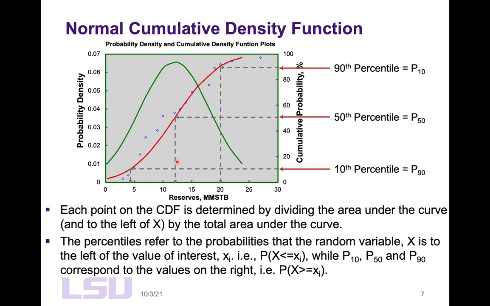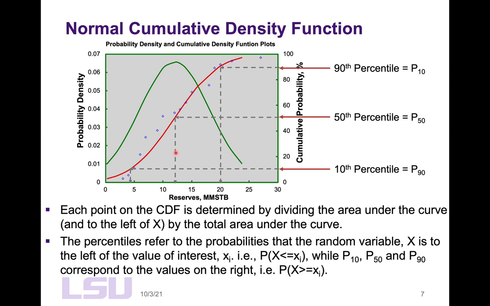It will be 50% because you're looking at the middle point on the CDF. I mean, we're looking at the CDF for a normal distribution, so it's symmetrical. So it will be half or 50% at this point.